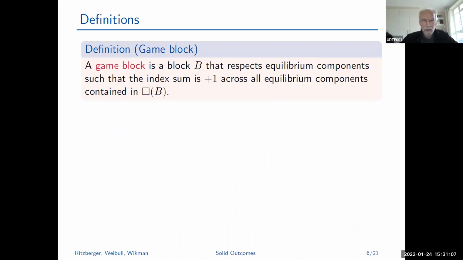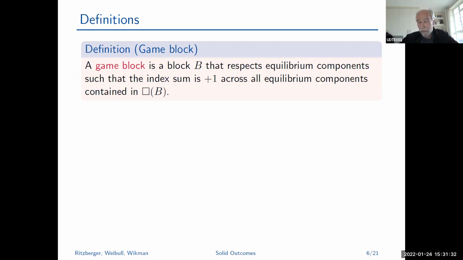So let me first start with the set valued part, which is a block called a game block. So a game block is a block that first respects equilibrium components, and second, it's such that the index sum across all the equilibrium components in the face spanned by the block is +1.